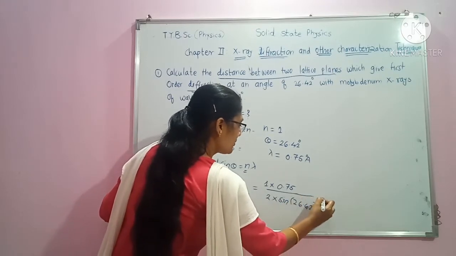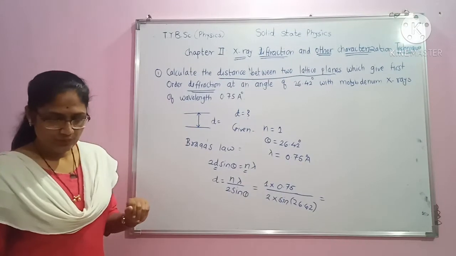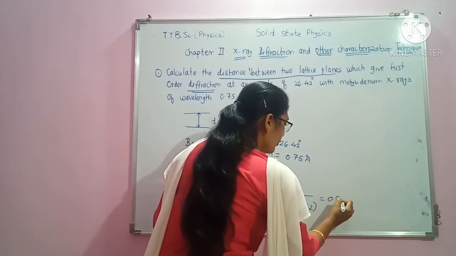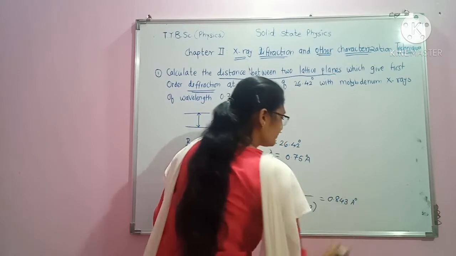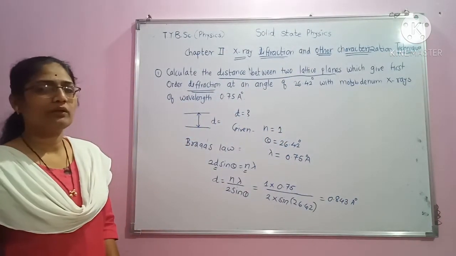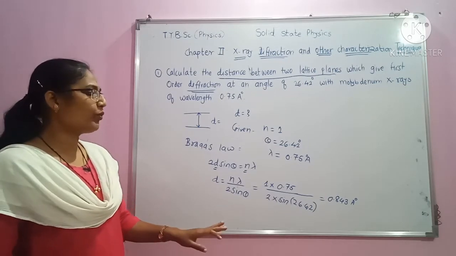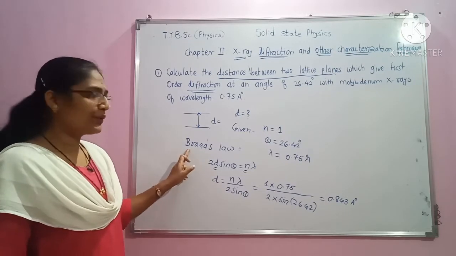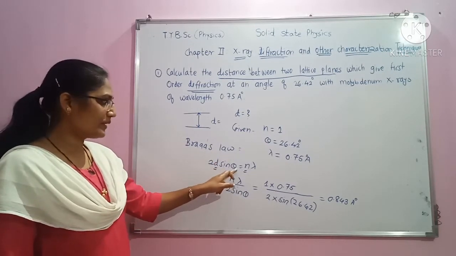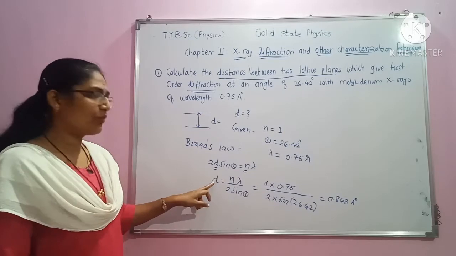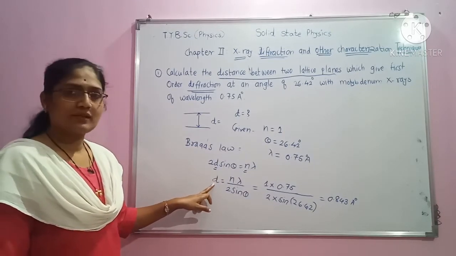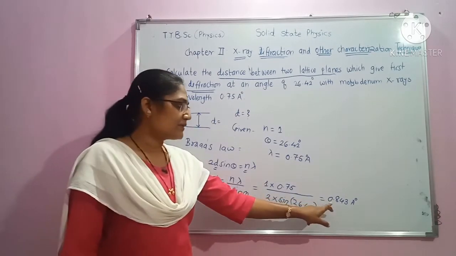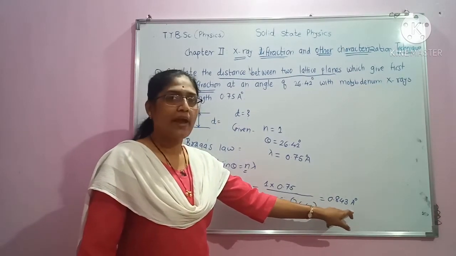If we substitute all these values, then the value of D comes out as 0.843 angstrom. So by using Bragg's law, 2d sine theta is equal to n lambda, we have found the interplanar distance, that is the distance between two parallel planes, and it comes out as 0.843 angstrom.